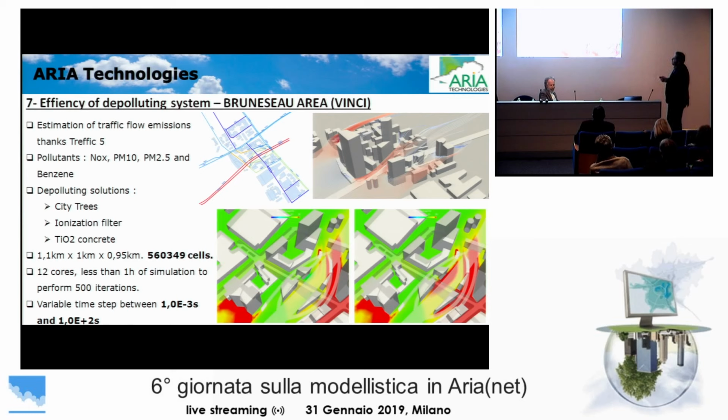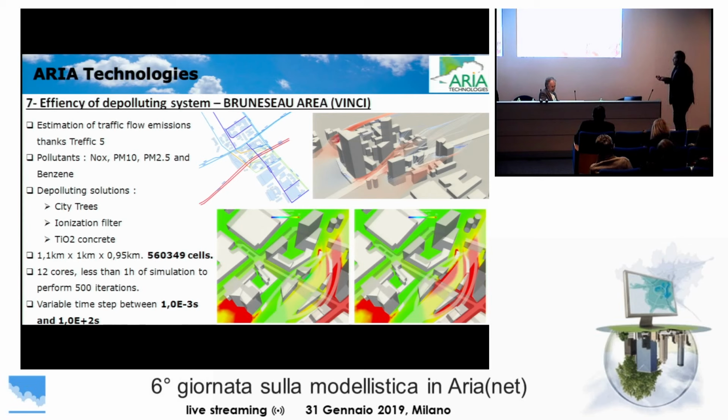The traffic flow emissions were computed thanks to Traffic 5. We took into account NOx, PM10, PM2.5, and benzene. And the depolluting solutions were city trees, ionization filters, and concrete to absorb pollutants.